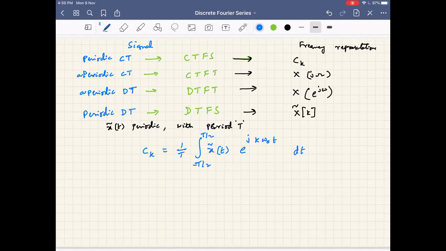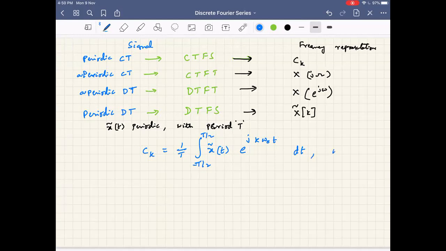Across the duration of a period, if we see the correlation with respect to the complex exponential of k omega naught frequency, what we get is the corresponding frequency domain coefficient ck, right? And this is the frequency domain representation for a periodic continuous time signal.